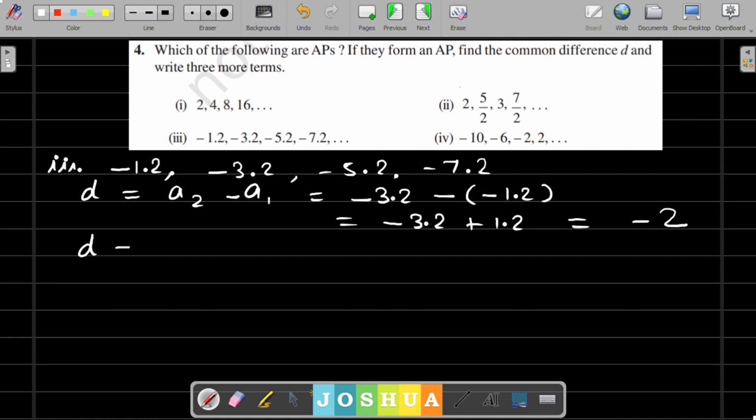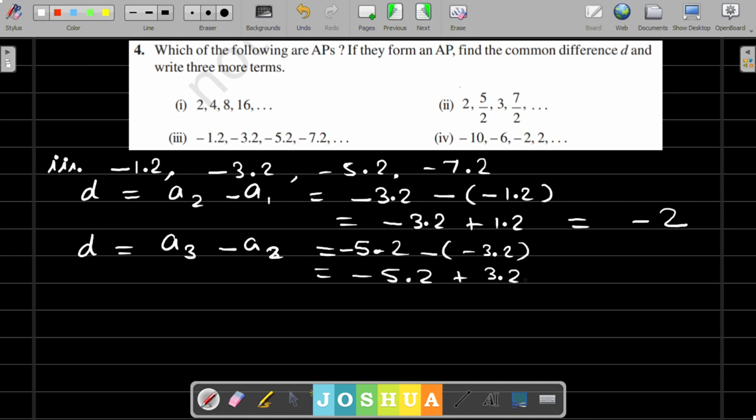Again, I'm going for the next difference. There is the third term minus the second term. Here the third term is minus 5 by 2, minus of the second term. So the second term is minus 3 by 2. So that is equal to minus 5 by 2 plus 3 by 2.